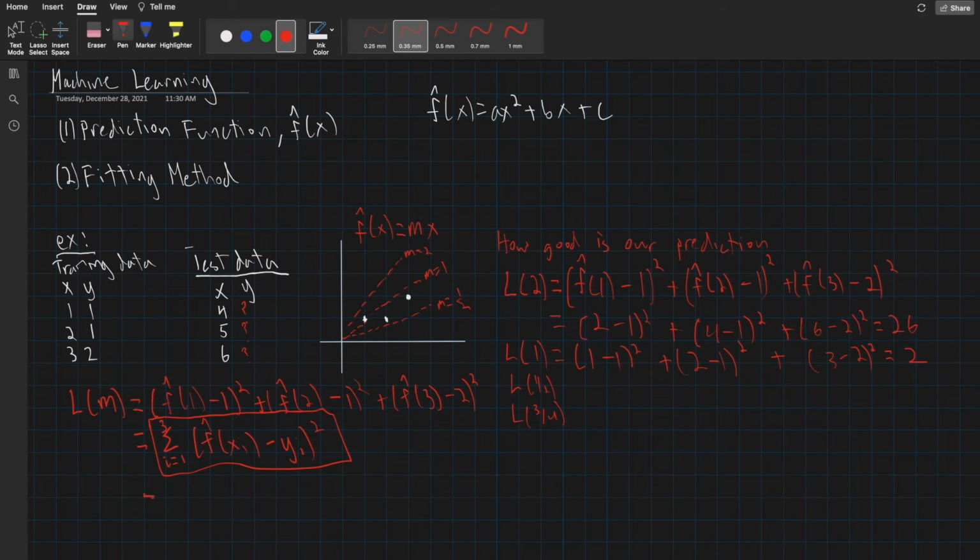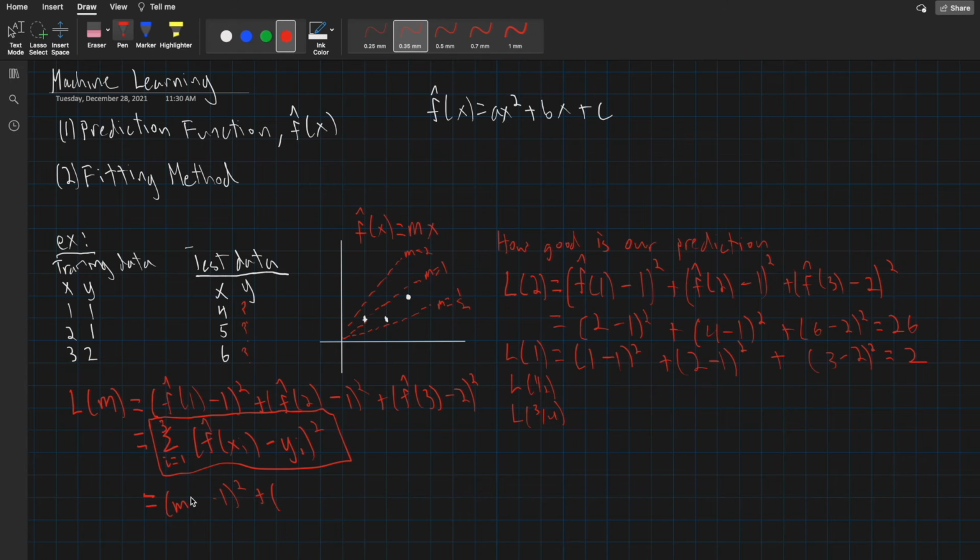So now we can say that this is equal to f hat of 1 is mx minus 1 squared plus, oh, sorry about that. I can actually plug in here.